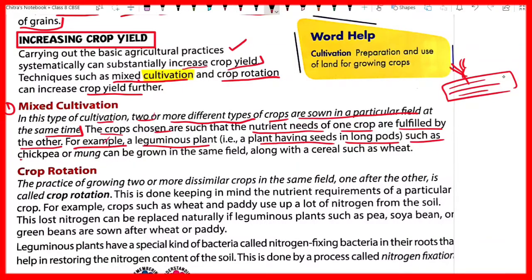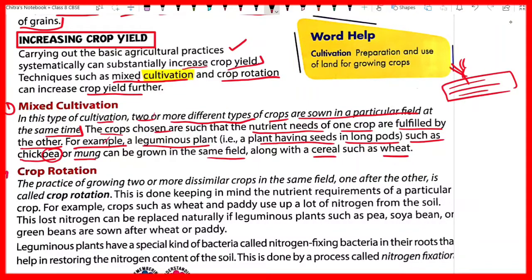First is chickpea, it's nothing but the pea plant, or we have moong, that we used to have every day in sprouts. Moong can be grown in the same field along with cereals such as wheat. So along with wheat, we can sow moong or mustard in the same crop field. This is an example of mixed cultivation.